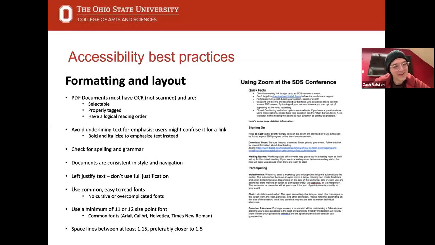Make sure documents are consistent in style and navigation. This is a pretty big deal. Let's say, for example, you have a potential student who is interested in programs at your specific department.